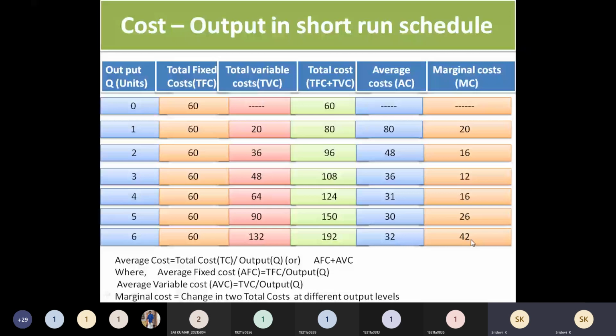When costs are decreasing, average cost is more than the marginal cost. See here, 80 is more than 20, 48 is more than 16, 36 is more than 12, right? So while decreasing, AC is more than MC. This is what we need to show in the graphs.